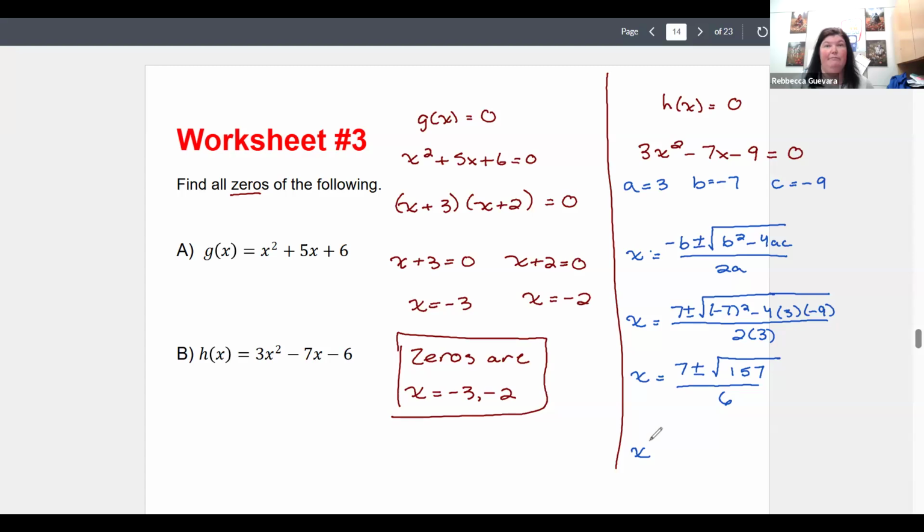If you're going to be exact about it, my zeros are x equals 7 minus the square root of 157 divided by 6, and 7 plus the square root of 157 divided by 6.